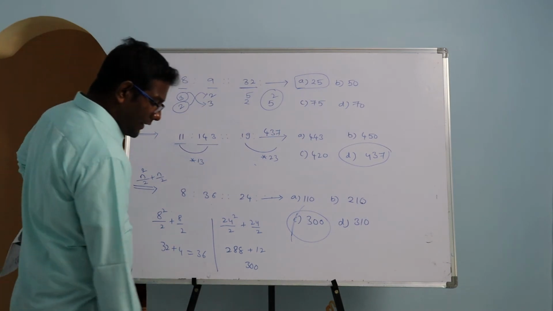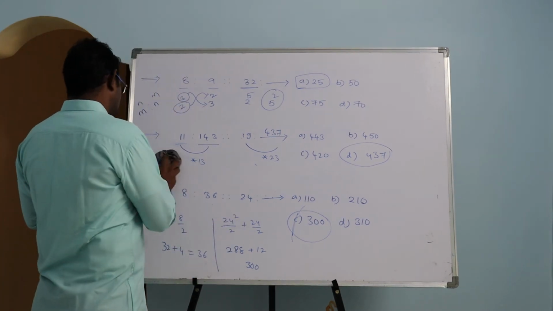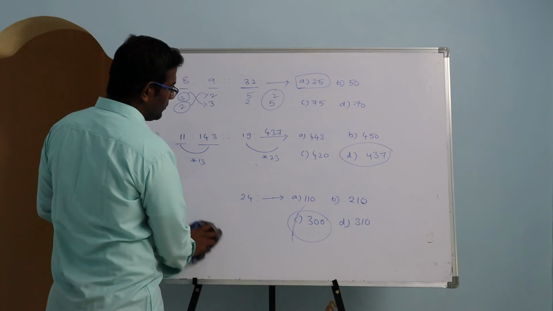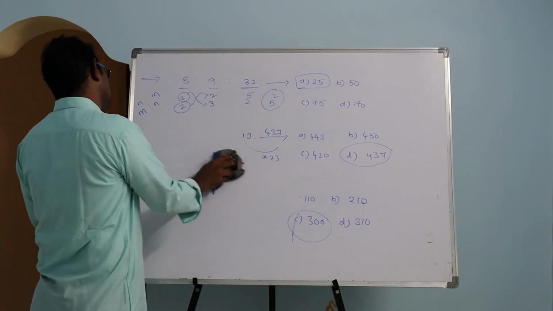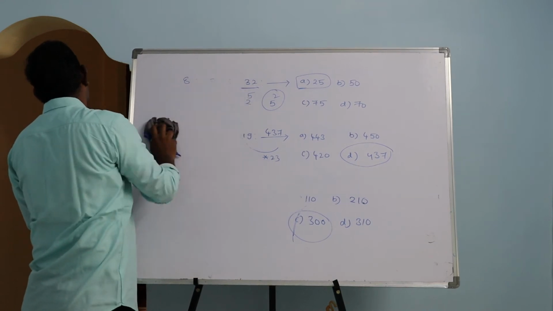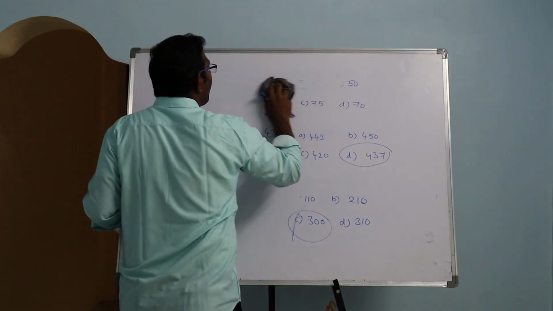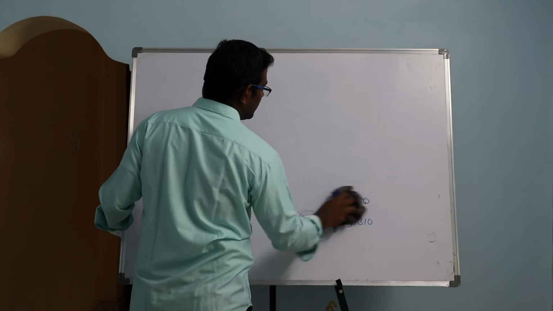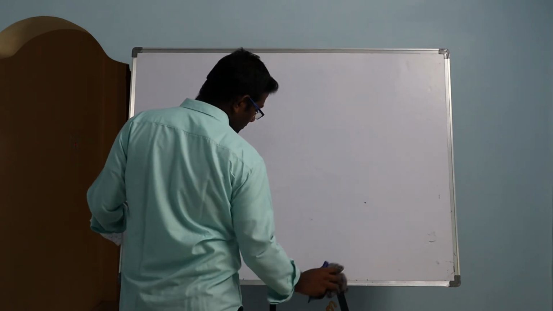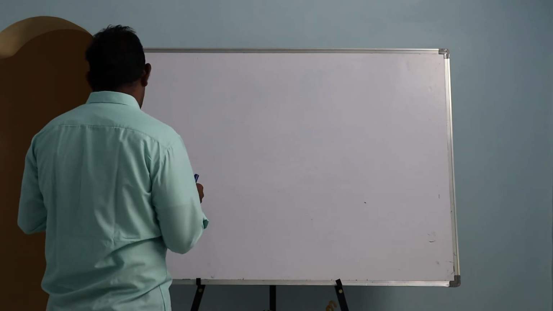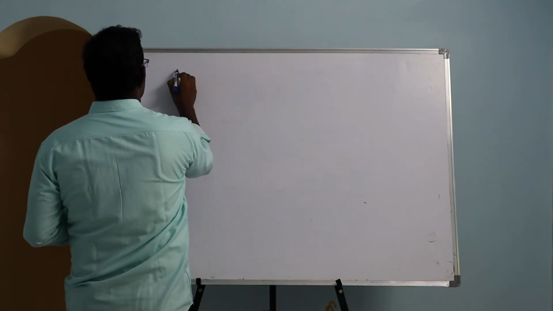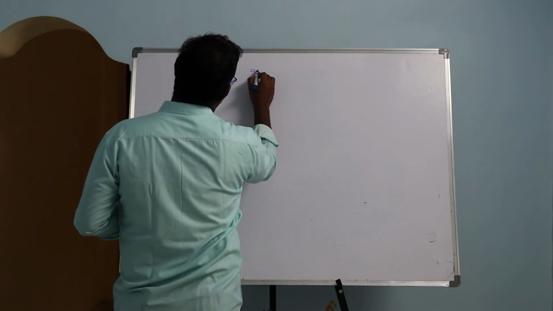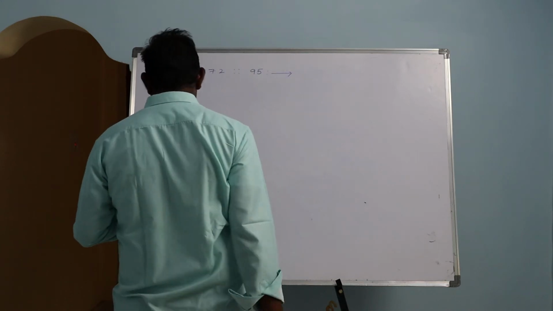Right, clear? Next bit, sir. Next we try. 86 is related to 172 as 95 is dash.